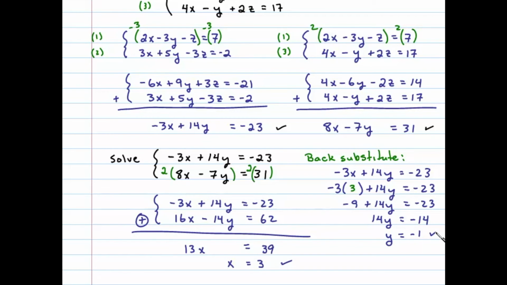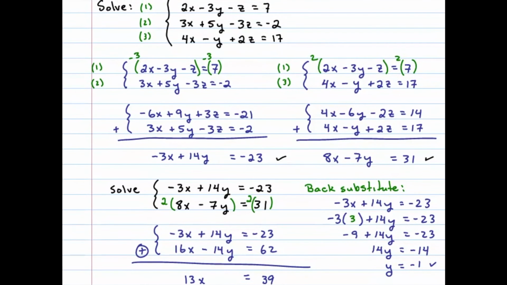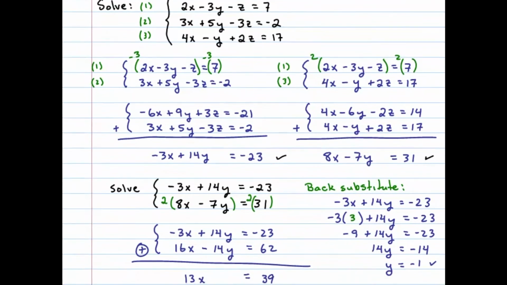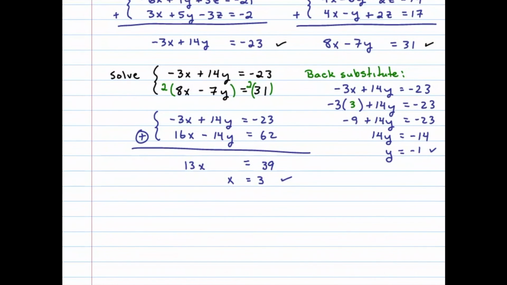So we have x, now we have y. All that's left to do is back substitute into one of these original equations to find z. Let's use the first equation. Here we'll substitute 3 in for x and negative 1 in for y.